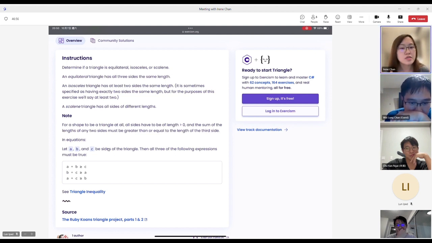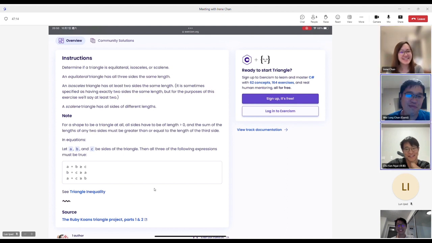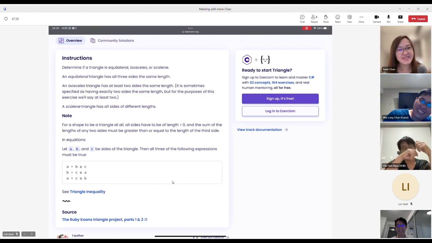I just don't understand why this is a question. Maybe it's just because the input is A, B, and C. If the 3 numbers are the same, then it's right. Some questions are very easy, but some of them are very difficult. Maybe we still try this one.